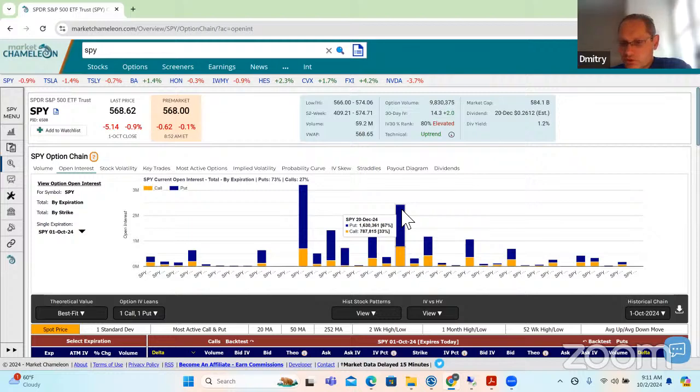In both of those expirations, there is more open interest in the put options than the call. Hovering over December 20th, 67% of the open interest in that month is in the puts versus 33% in the calls. October 18th, 78% of the open interest is in the puts, 22% in the calls. So those two expirations stick out.